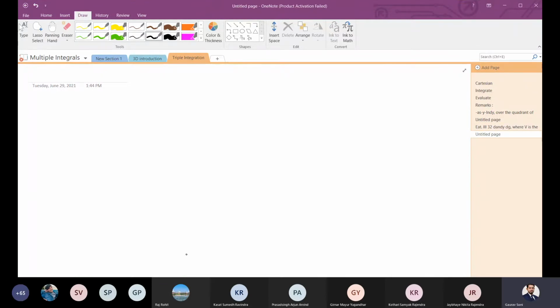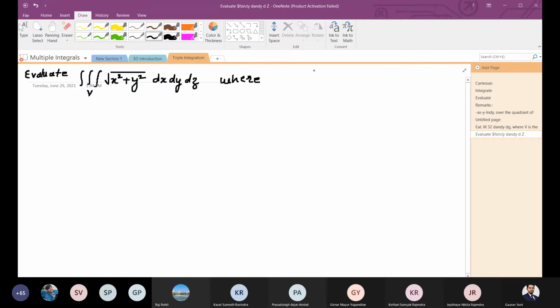So the question is: evaluate the triple integral over V of under root x square plus y square dx dy dz, where V is x square plus y square equal to z square, z greater than 0, and z is equal to 1, and z equal to 0.